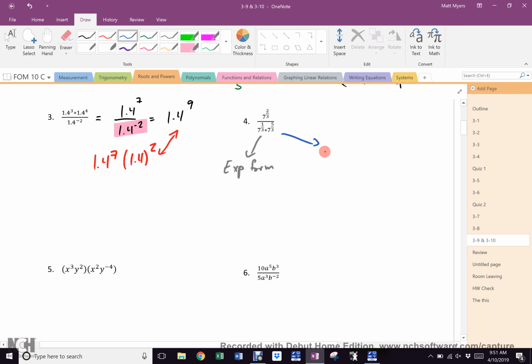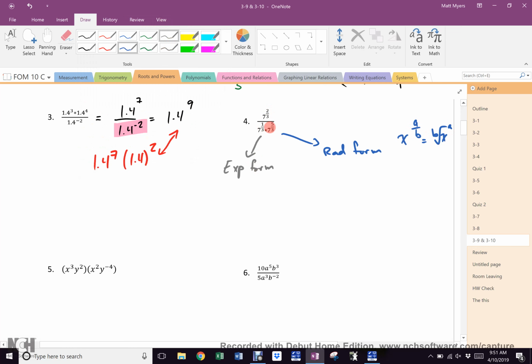Or we could write it in radical form. If I don't give you a specific instruction, do you think I care about which one you use? No. If I give you a specific instruction, you got to be able to do it. Remember, radical form is this one. X to the a over b equals b root x to the a power. So, doesn't matter which one we do, but because we're practicing, we're going to do both.